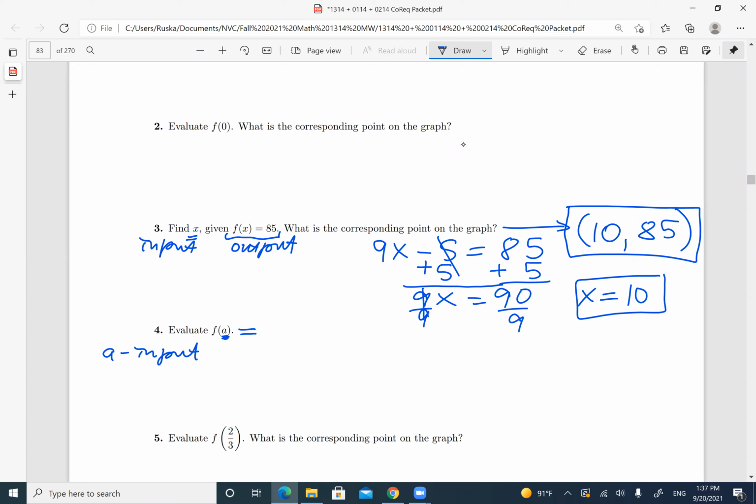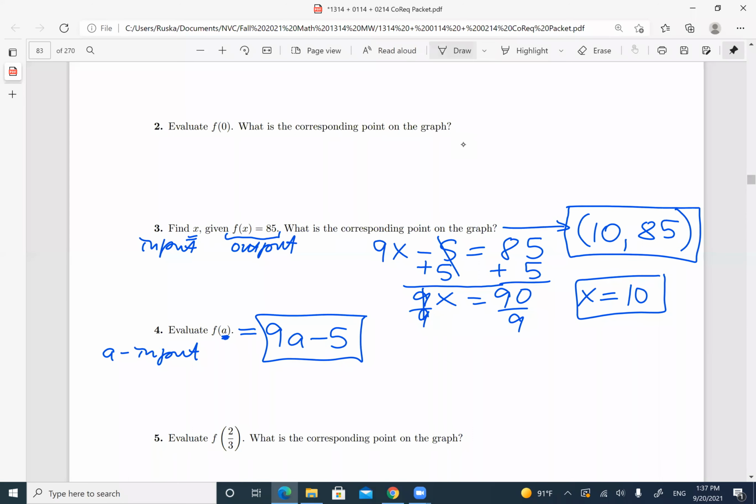So how are you going to find it? Just follow the function 9x minus 5 and plug it in, replace x with a. So it's going to be 9a minus 5. That's it. Just leave it like that. It's an expression because there are no numbers. You have a variable. You can't simplify this. So 9a minus 5 is the value of f of a. Make sense?